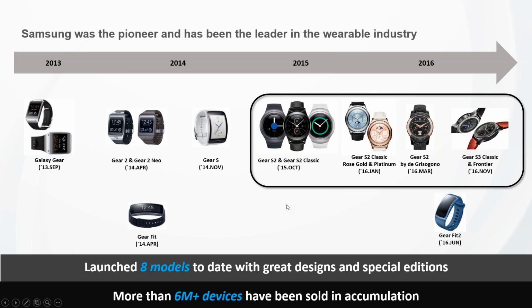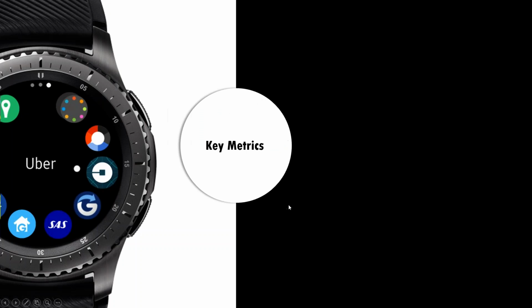So, some key metrics that we thought would be relevant for you to have access to when you're doing the business case. Firstly, a few words about the installed base.